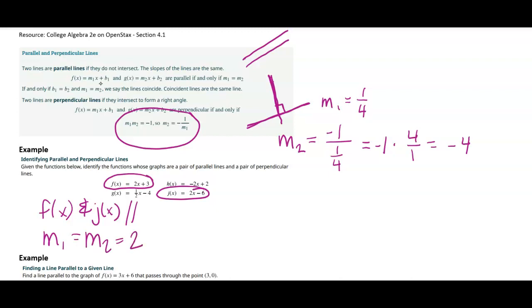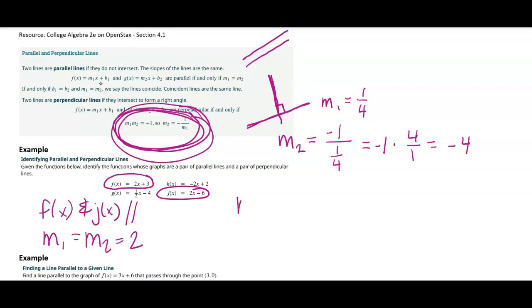Now, I also want to know which lines are perpendicular. In order to be perpendicular, they have to have opposite signs. So either it's F and J with H, or it's G with H. It can't be F and G or J and G because to be perpendicular, you have to have different signs.